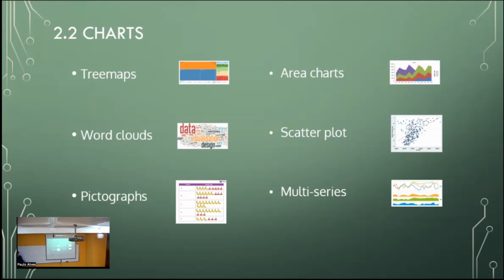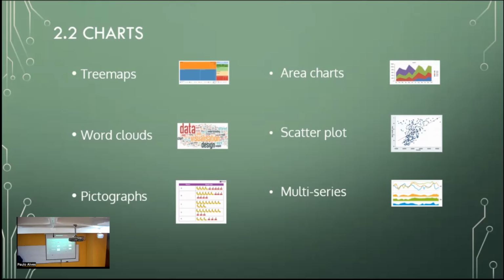Normally in Excel you have all these types of charts you can choose, but you also have them in the data visualization Python libraries that we're going to see next.